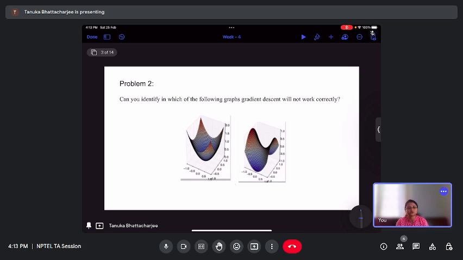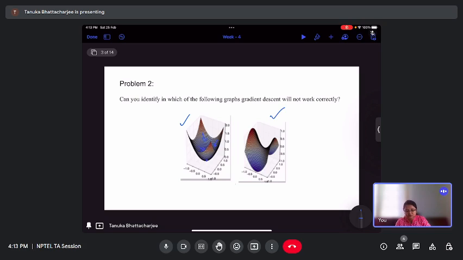Okay, so I do not see any answer from anyone. Okay, so in the first graph, if you consider this one, this has a well defined minima which will be somewhere over here. So any point you start, you can go towards the opposite of the gradient and you can reach that minima.